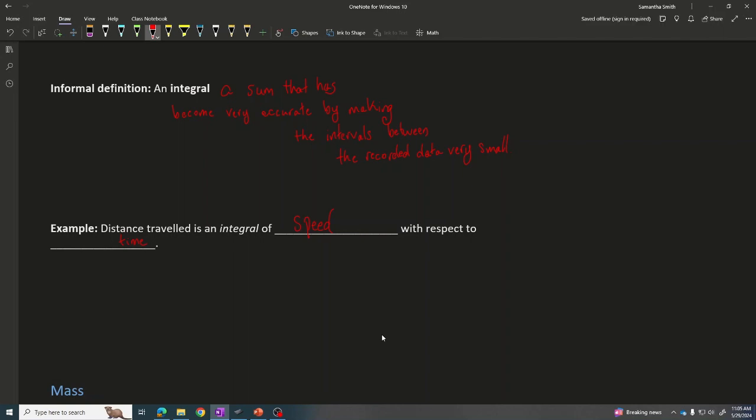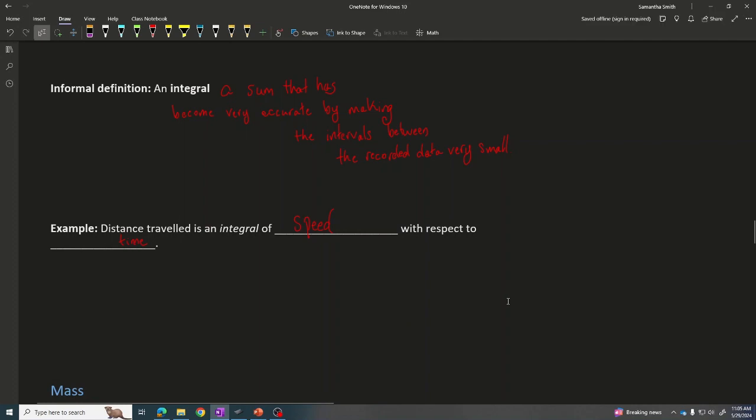And as the amount of time between the recordings gets smaller and smaller, our estimate of the distance traveled by the car gets more and more accurate. So we would say that the distance traveled by the car is an integral, a sum of speed with respect to time. More on that as the class proceeds.